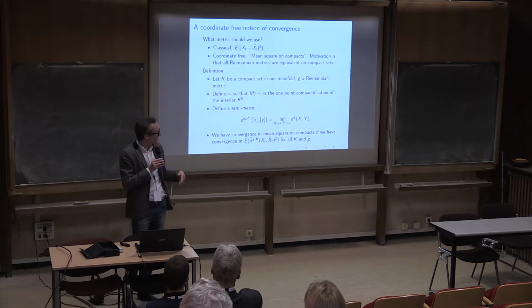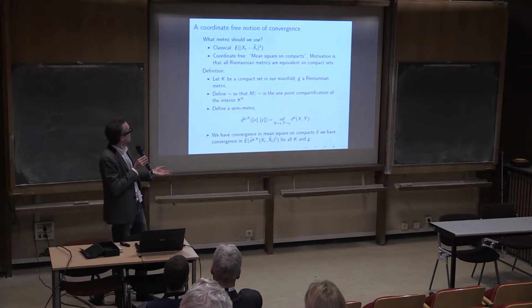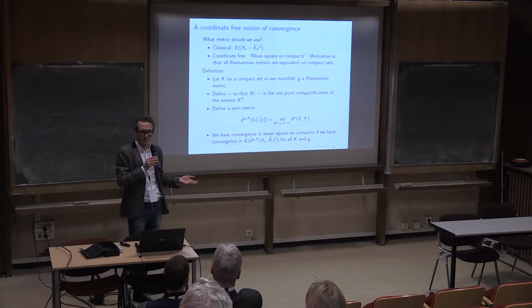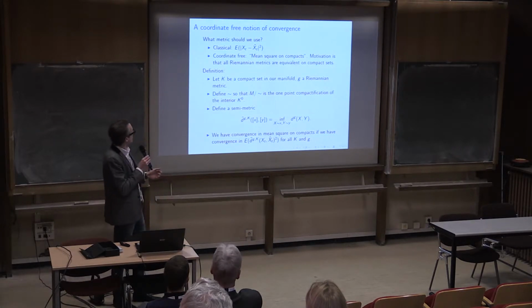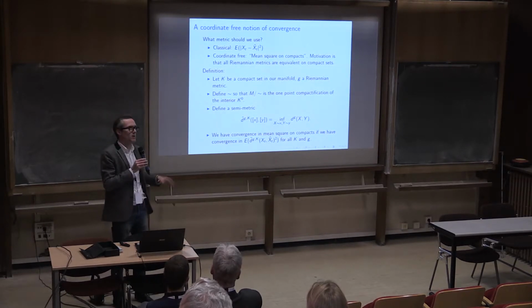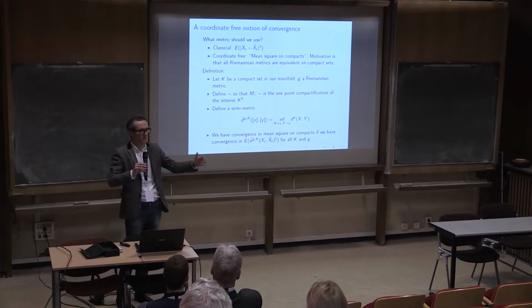And so on compact manifolds, at least, we can come up with a coordinate-free notion of convergence. The idea is to try and take that idea and generalize it to all manifolds by only being interested in the convergence on any particular compact subset.